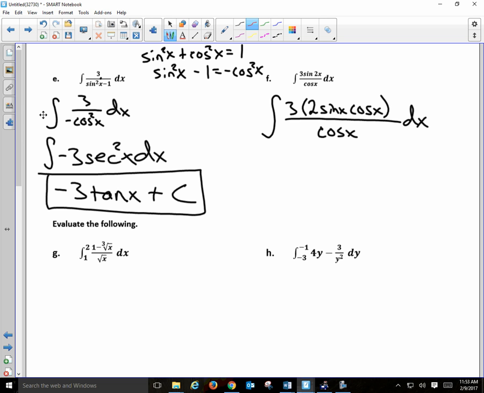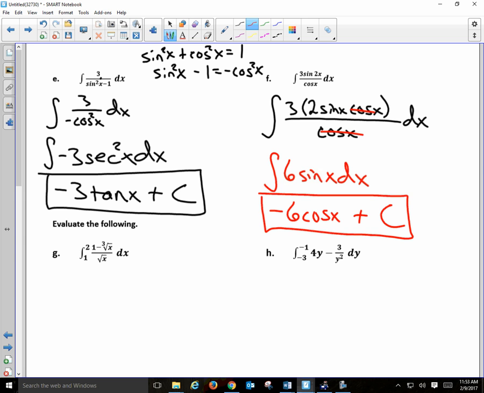What do we do with what happens here? Well, the integral of 6 sine of x dx. What's the antiderivative of 6 sine? Negative 6 cosine of x plus a constant. Thank you, Jayaki.